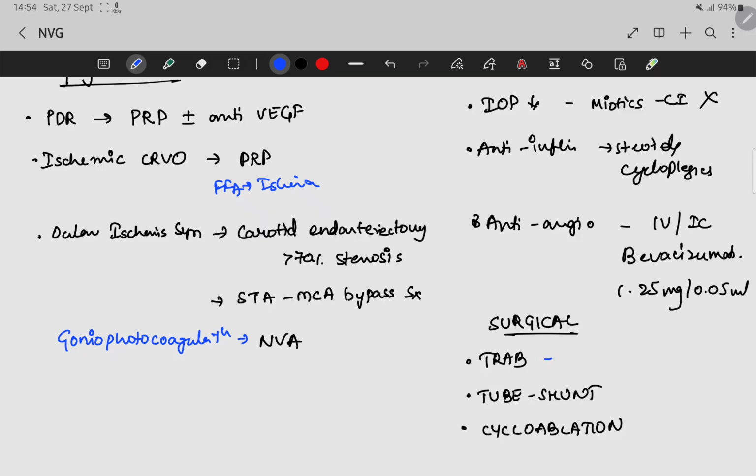Trab along with mitomycin C can be used. For better surgical outcome, sufficient PRP and anti-VEGF should be given, and after that the surgery should be performed. Within 1 week of injection of anti-VEGFs, we have to perform trab.